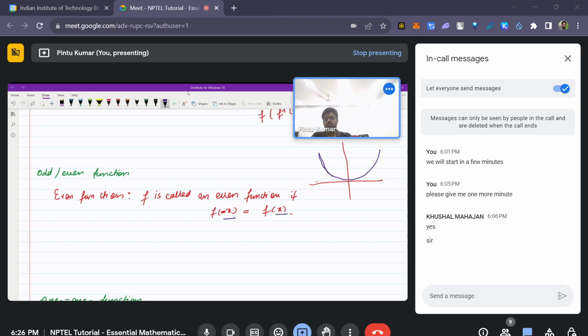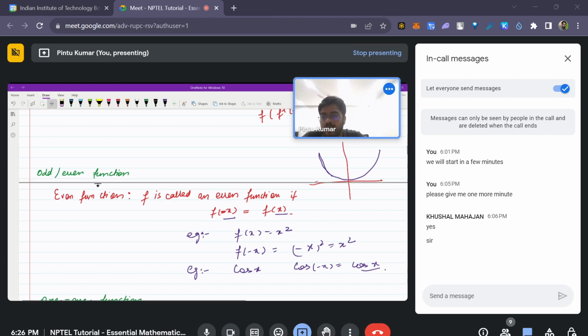Looking at some examples, one of the easiest examples is f of x equal to x square. Even if you take f of minus x, this is minus x whole square, which is equal to x square. Another example is cos x. Cos of minus x is nothing but cos x, right? So this is another example of an even function.